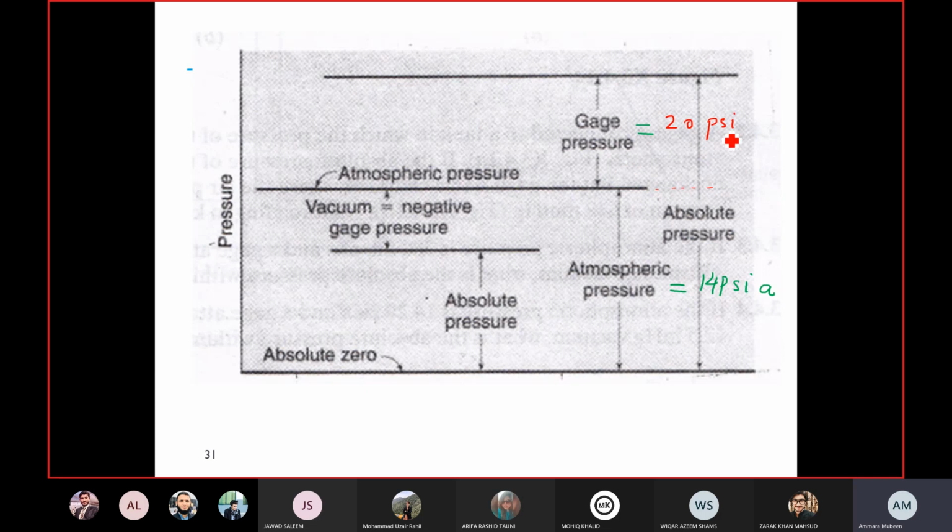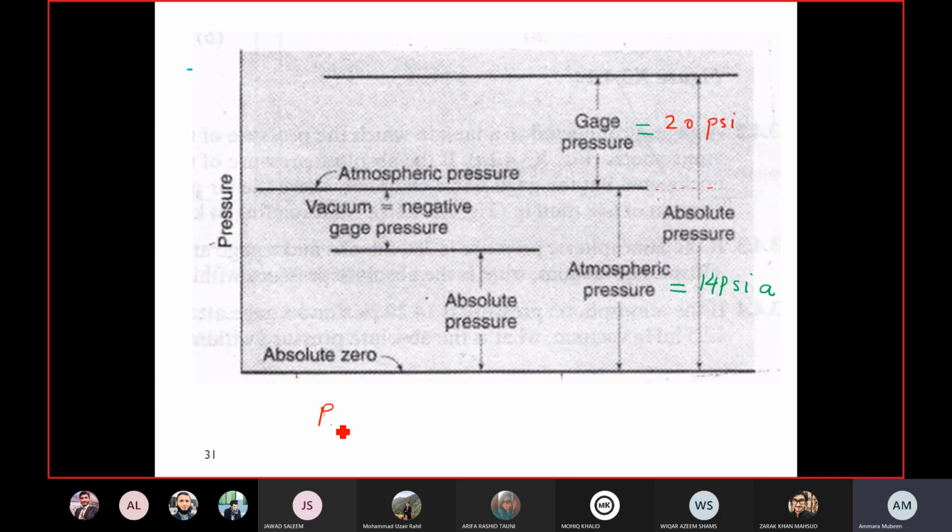So if I ask you to let me know the absolute pressure, if the gauge pressure is 20 psi, then you need to add the atmospheric pressure to it so that you can get the absolute pressure.